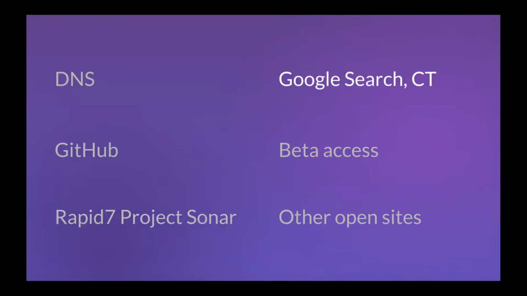Google search is pretty straightforward. This is a great and standard source of not only the hosts themselves, but what software is running. Are there some pages with information that should be secret, but they got indexed? But this is going to be a good source for hosts as well. Google CT, that means Certificate Transparency Report.